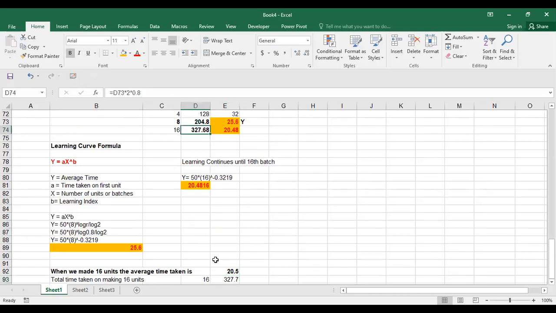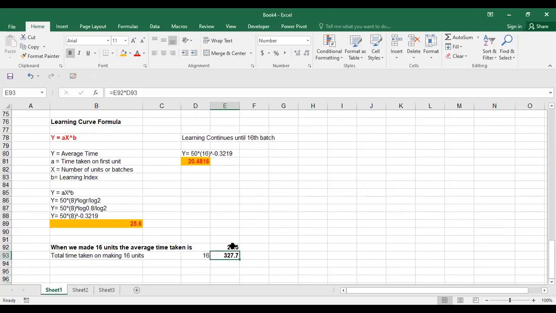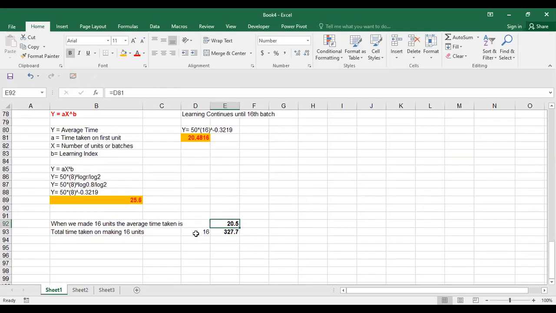And I just put it here. It's nothing serious, I'm just playing with the same numbers. When I make 16 units, 1 unit is taking 20.5 hours, and 16 units are taking 327 hours in total. Okay, I understand.